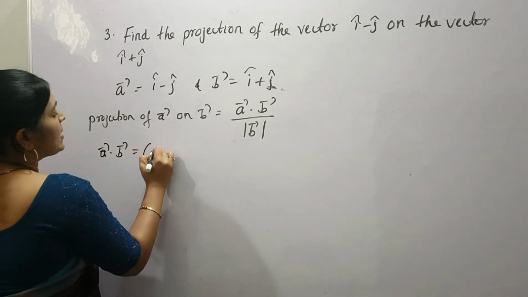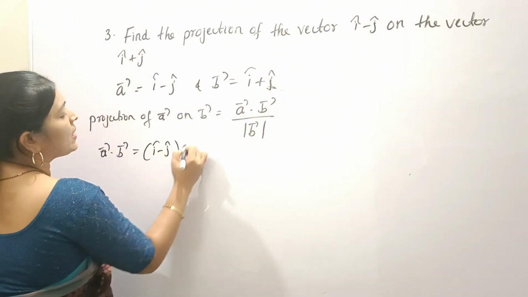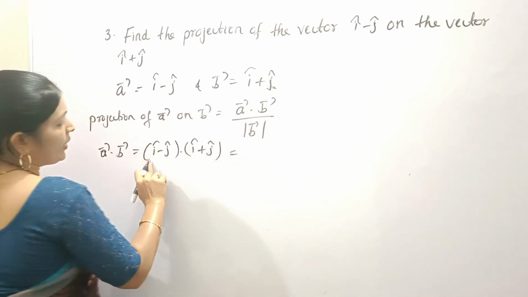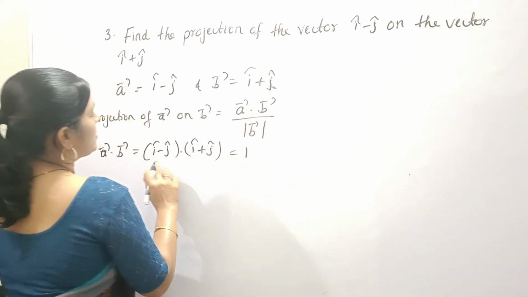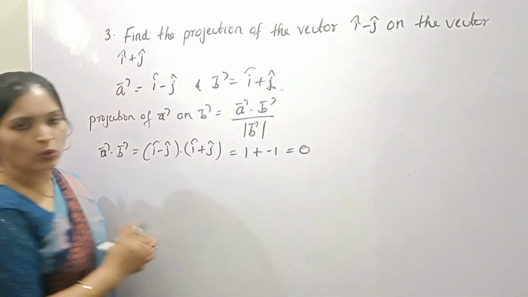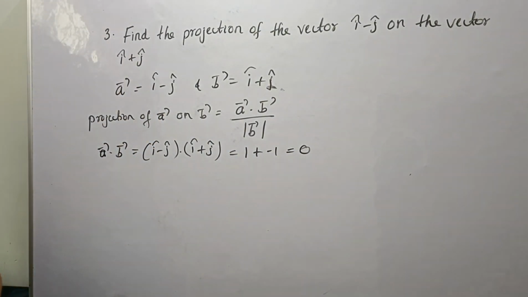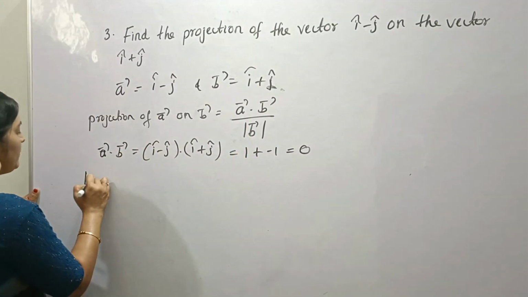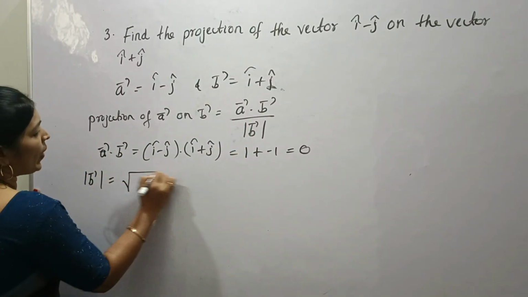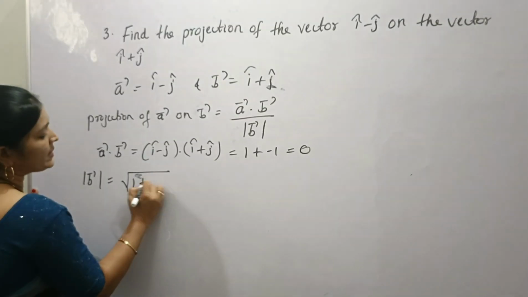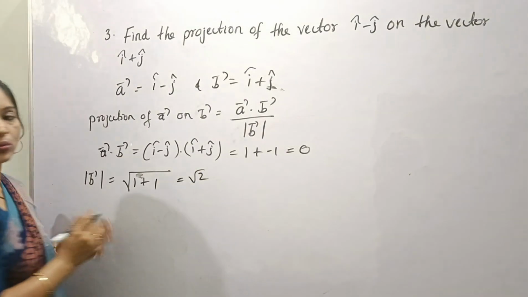Now, find vector A dot vector B. Vector A is i minus j dot i plus j. 1 into 1, 1, plus minus 1 into 1, minus 1. That is equal to 0. We have got vector A dot vector B is equal to 0. Next we will find modulus of vector B, that is square root of 1 square, that is 1, plus 1, square root of 2.